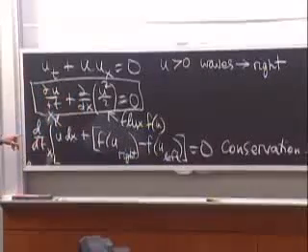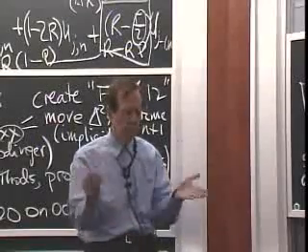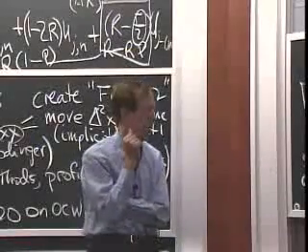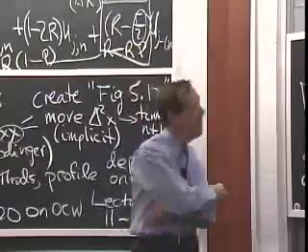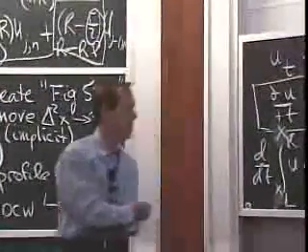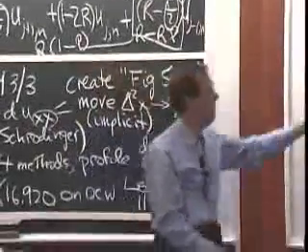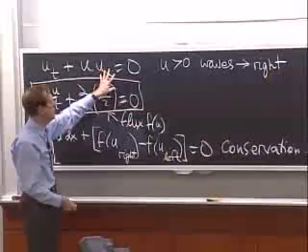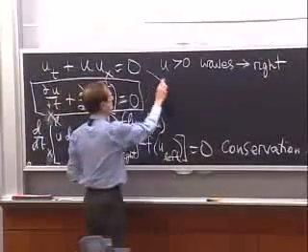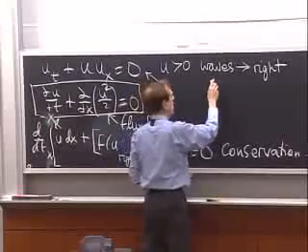So that's why we have a minus sign between them. So that's a statement of conservation. And there's one more example that I'll mention now. Let me give this particular equation a name, just because you often see it written, called Burgers' equation.